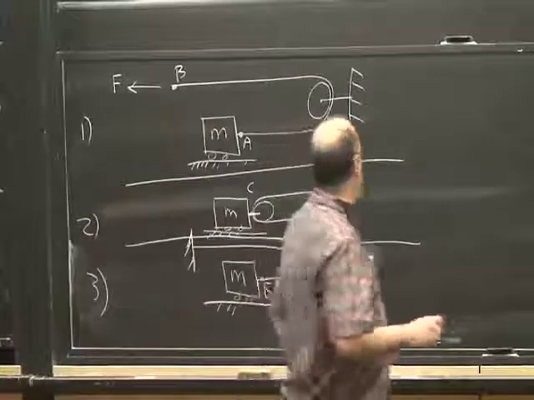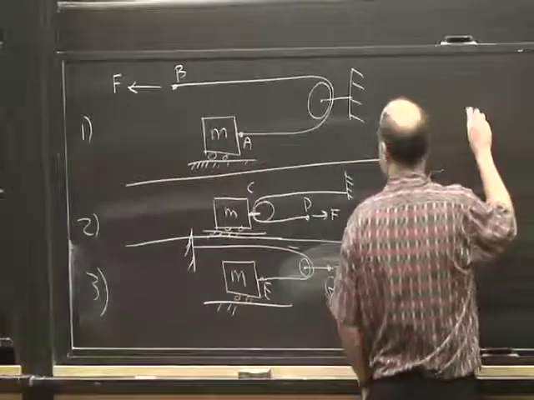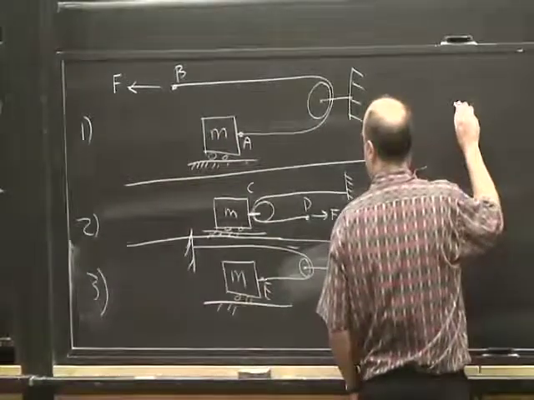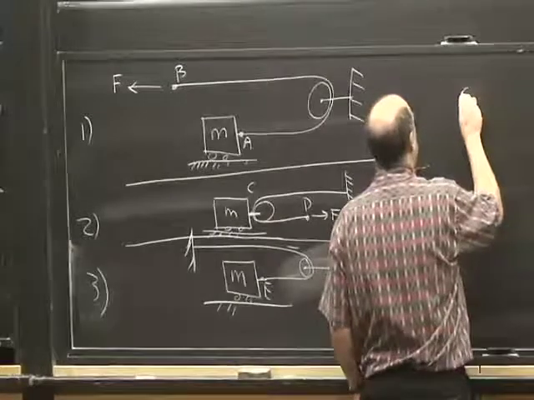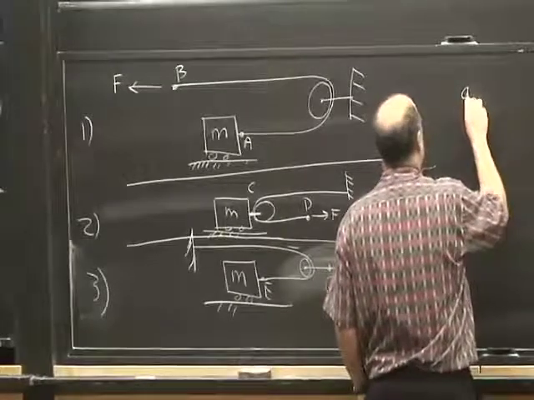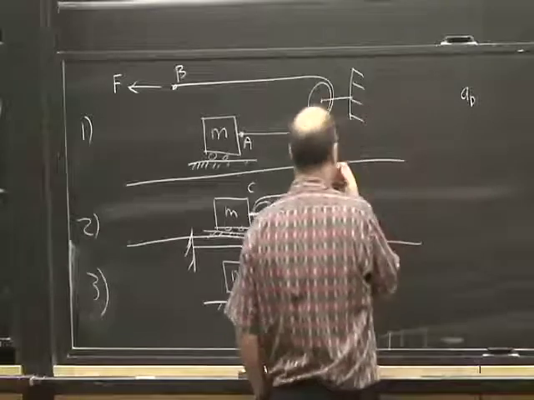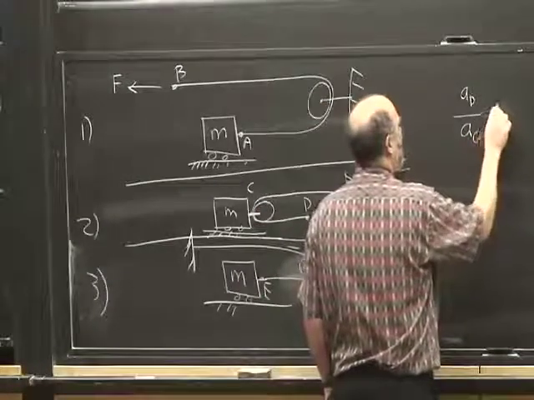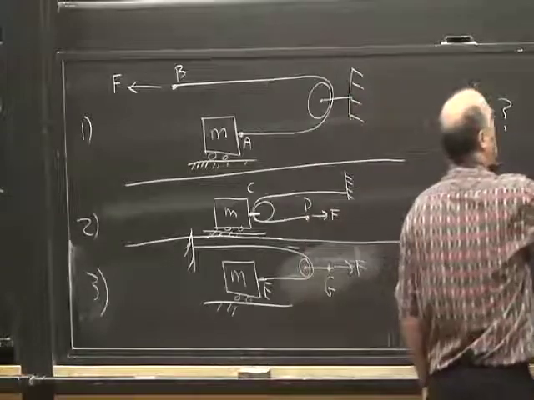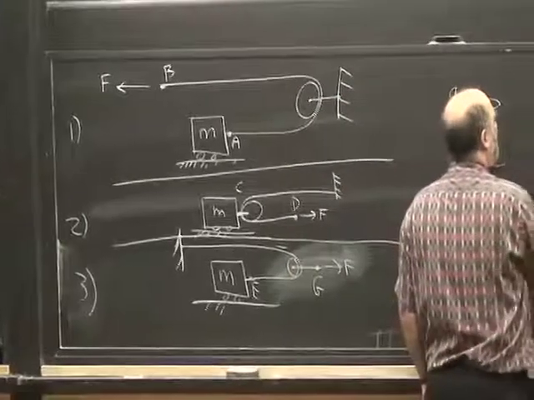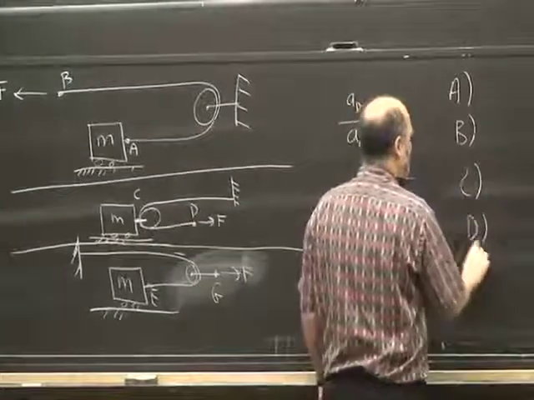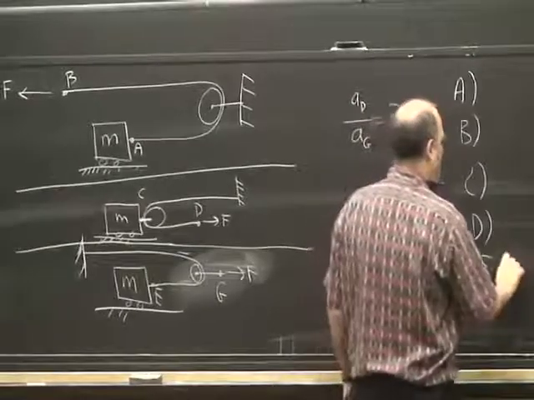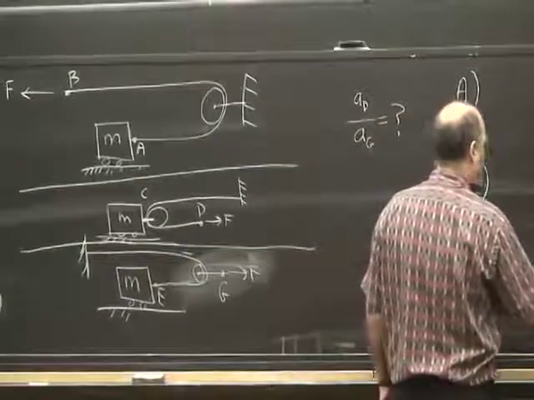Okay. So the quiz goes like this. Let's look at the acceleration of point D. And let's look at the acceleration of point G. And I would like to know the ratio of these two things. I'm going to give you some choices here. Of course, one of them is none of the above.